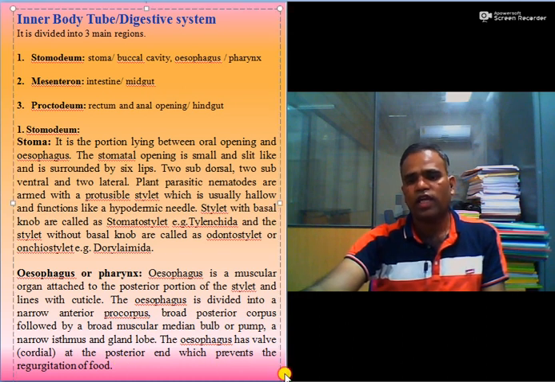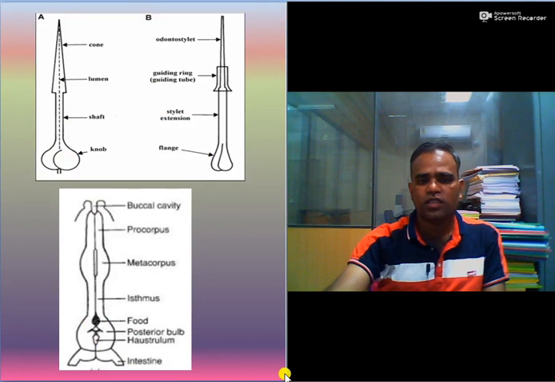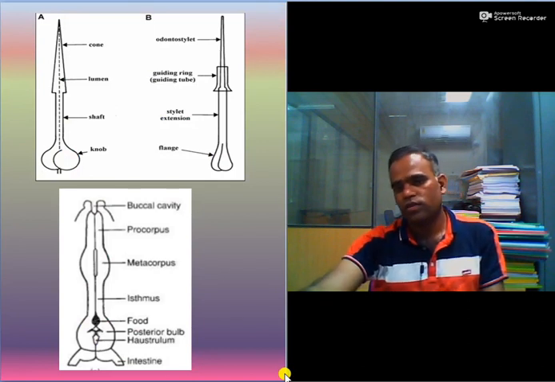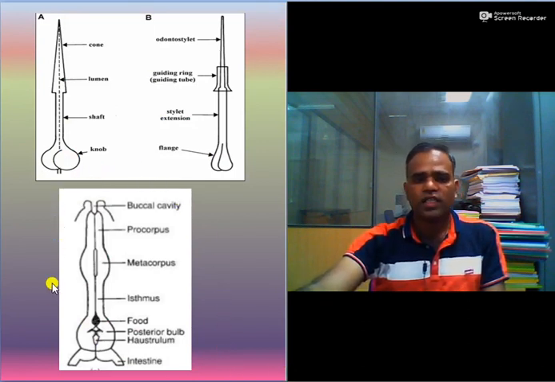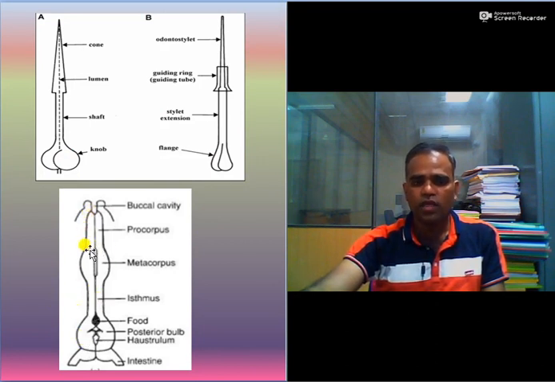I have already explained all these things, but even so, here we can see all about the esophagus. The first body part, the corpus, is called the procorpus, followed by a median bulb called the metacorpus, followed by a bulb called the posterior bulb or basal bulb.